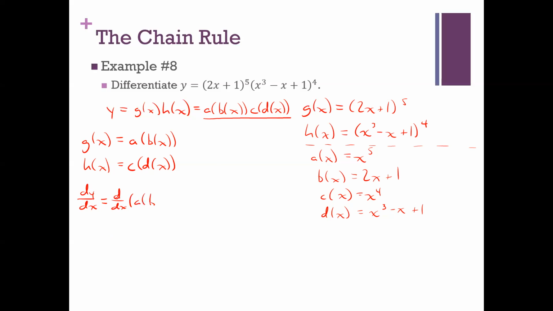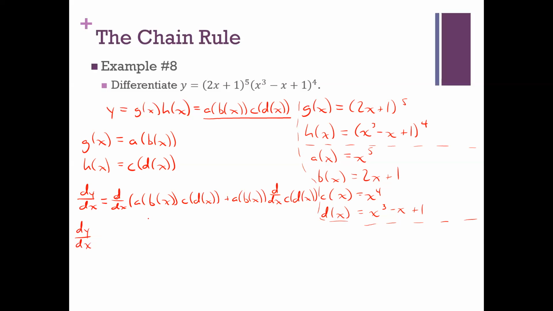So I need to take the derivative of a of b. Okay. So we got the product rule written out. Now we just really have 2 derivatives to do.